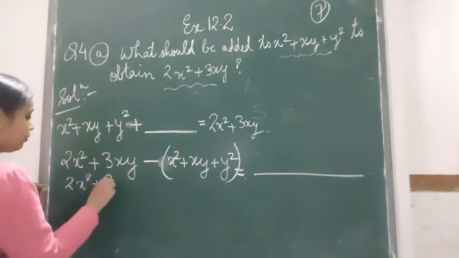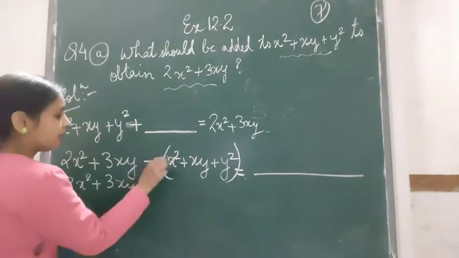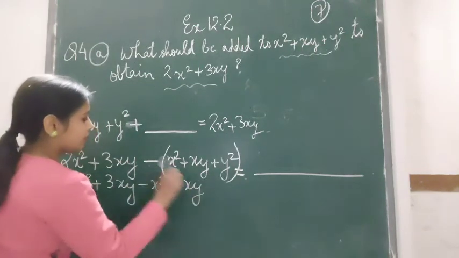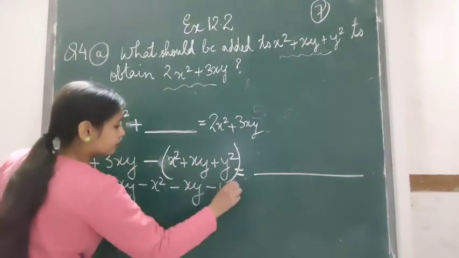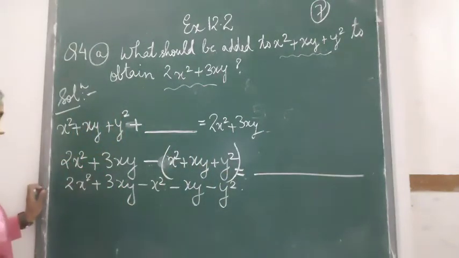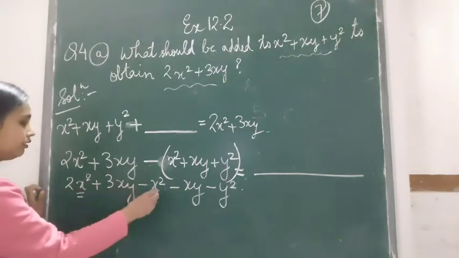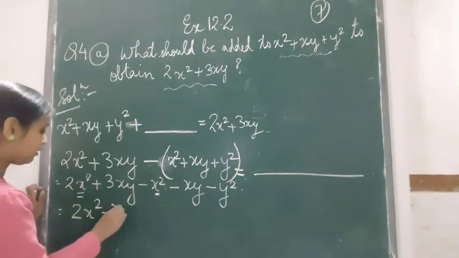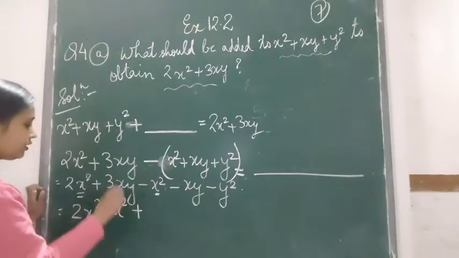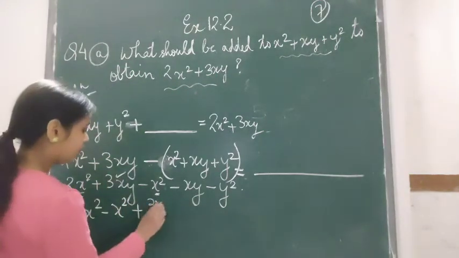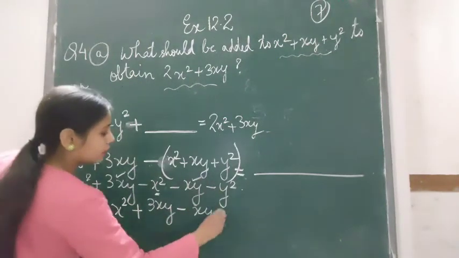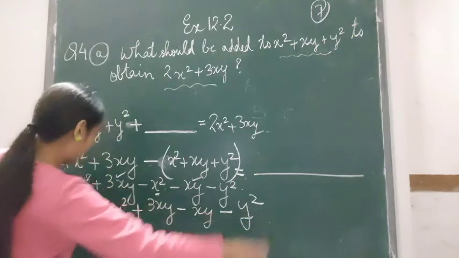Minus sign is very important. 3xy minus plus minus, minus plus minus. Now, is anything getting cancelled? No. So we collect the like terms, that is 2x square minus x square plus 3xy minus xy minus y square.